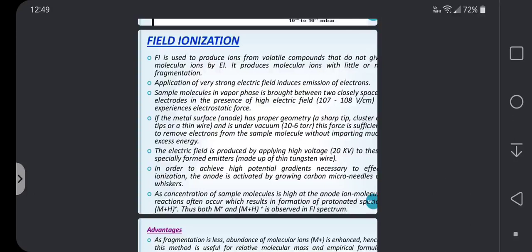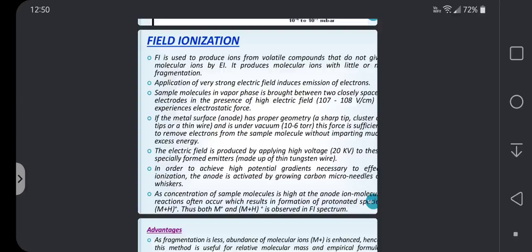The electric field is produced by applying high voltage. In order to achieve the high potential gradient necessary for effective ionization, the anode is activated by growing carbon microneedles or whiskers.